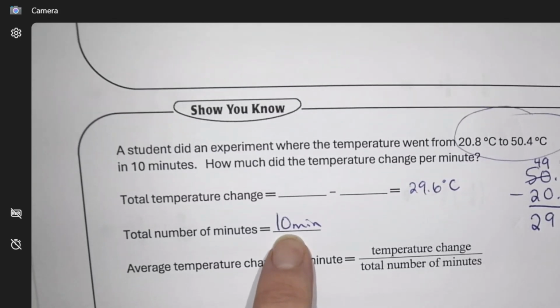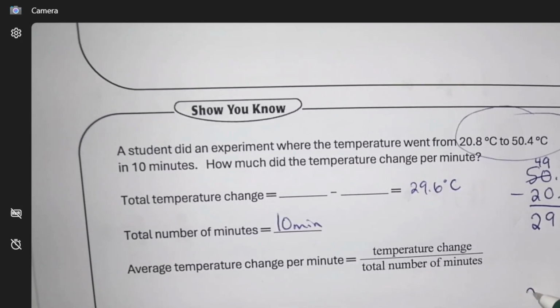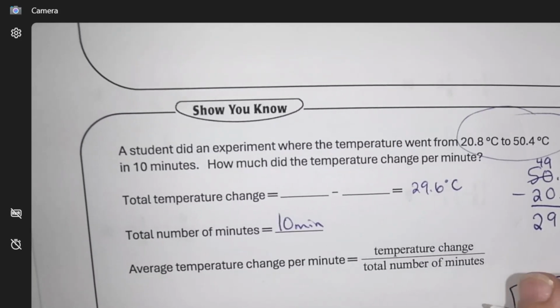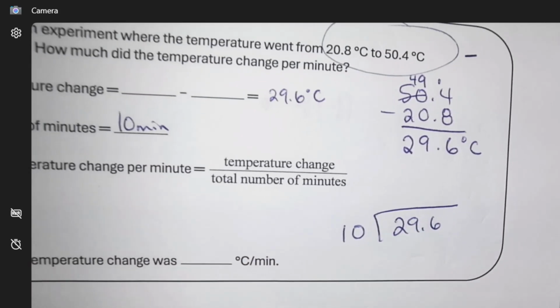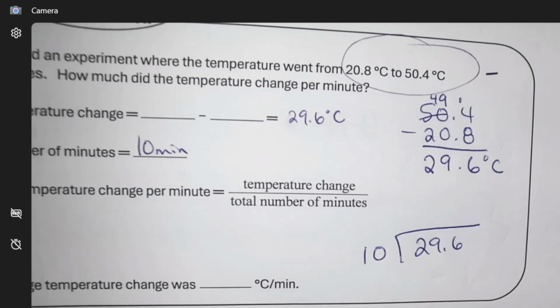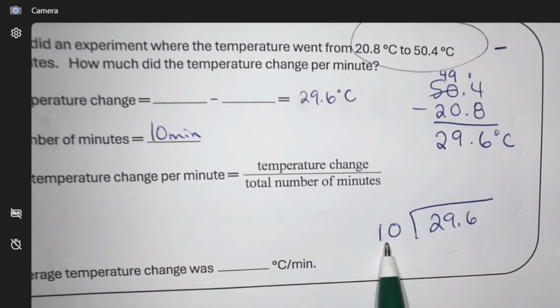So how do I change 10 into 1 minute? Divided by 10. We're going to be dividing by 10. Okay, and I'm good to divide because I don't have any decimals with this 10.